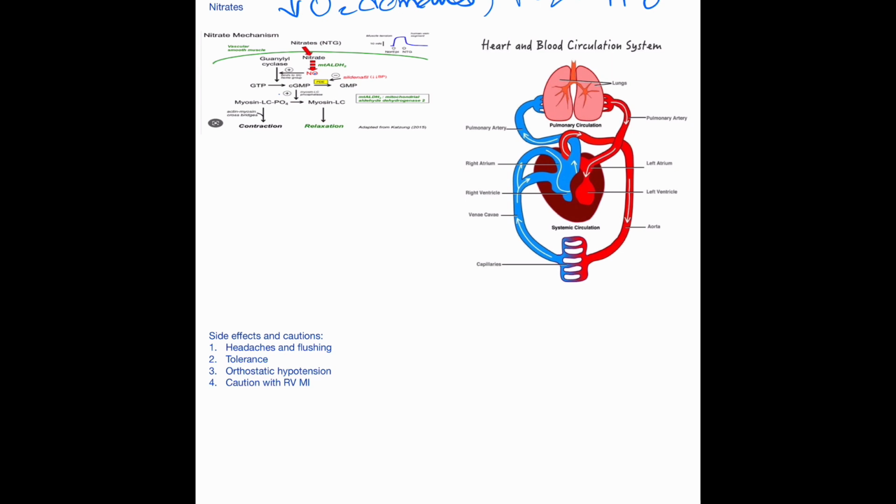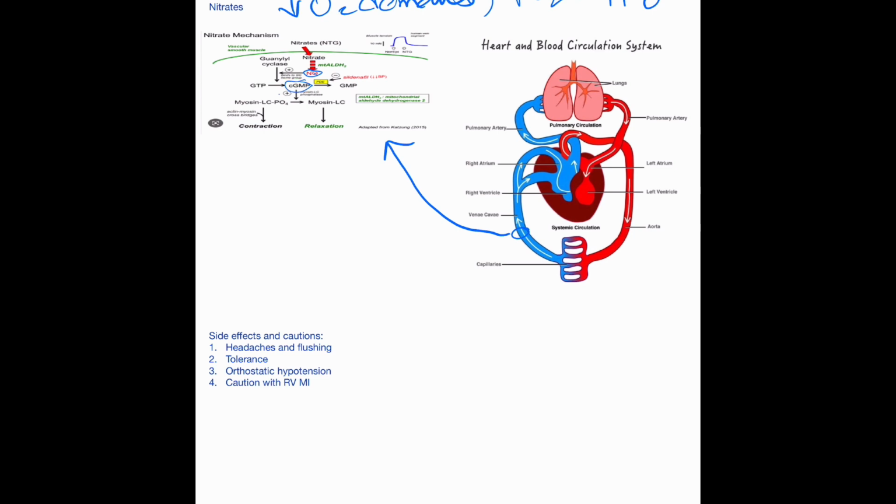How does it decrease the oxygen demand? Let's look at the picture of the heart and blood circulation and zoom in to the venous smooth muscle cell. What happens is the nitrates change into nitric oxide. The nitric oxide acts on the guanylyl cyclase enzyme, and this converts GTP into cyclic GMP.